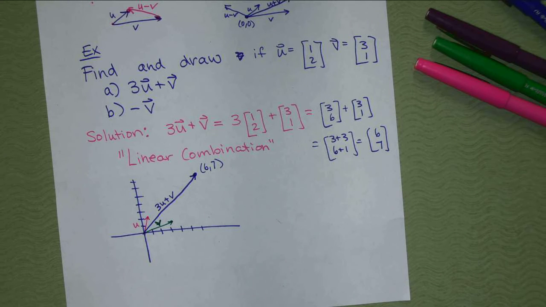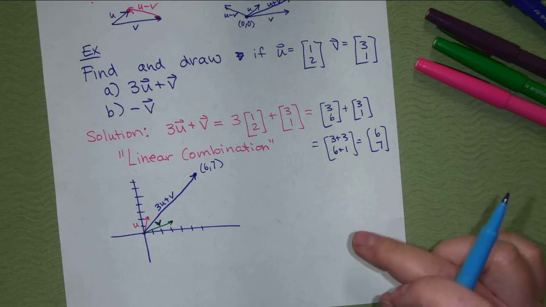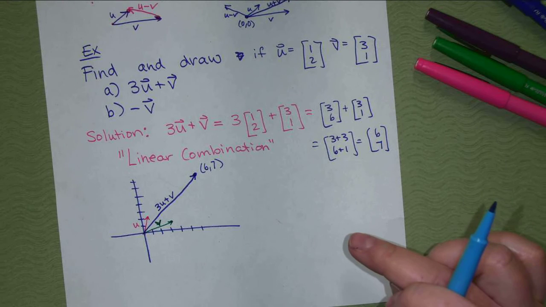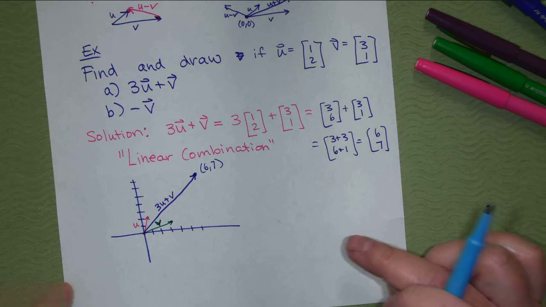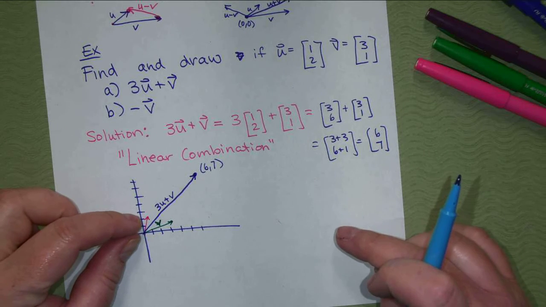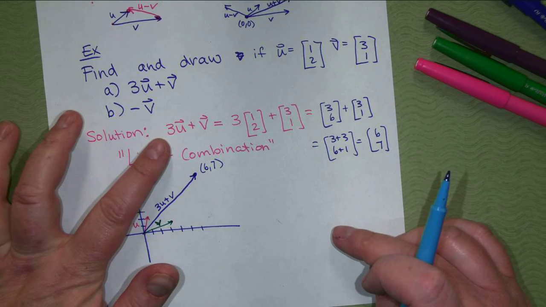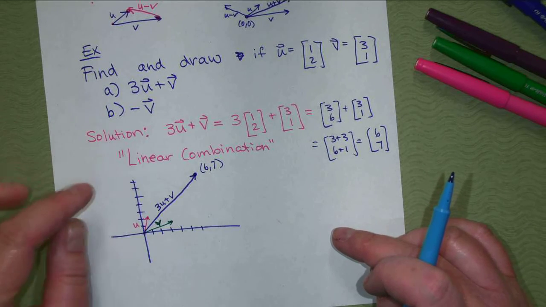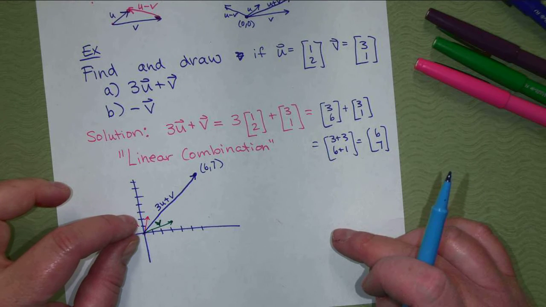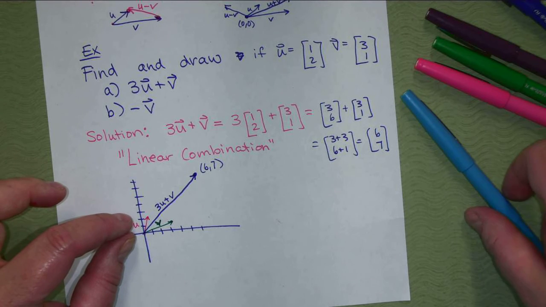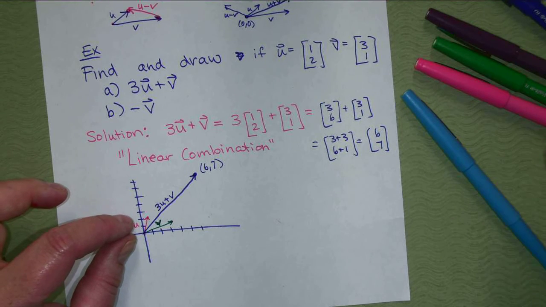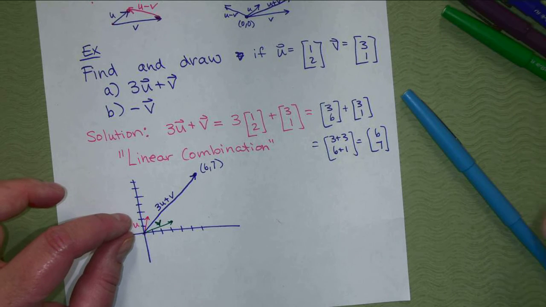Okay. That's the drawing. But let's show the linear combination by thinking of these as little toothpicks. So if you wanted 3u, you wouldn't actually draw just one u. Because 3u does what to u? Makes it 3 times longer.